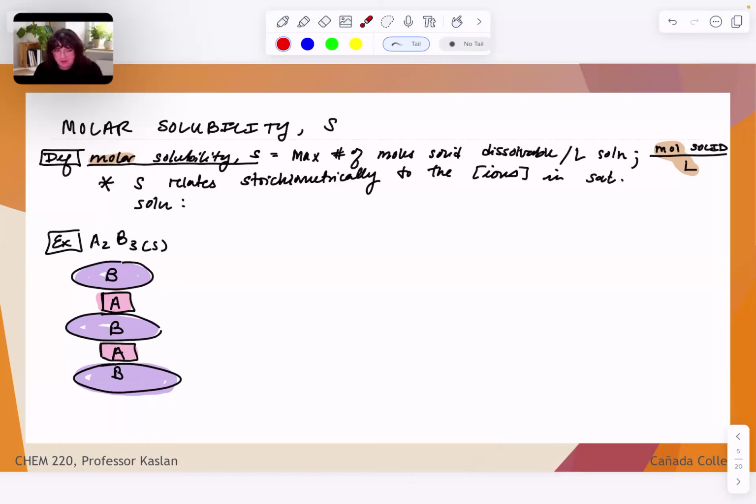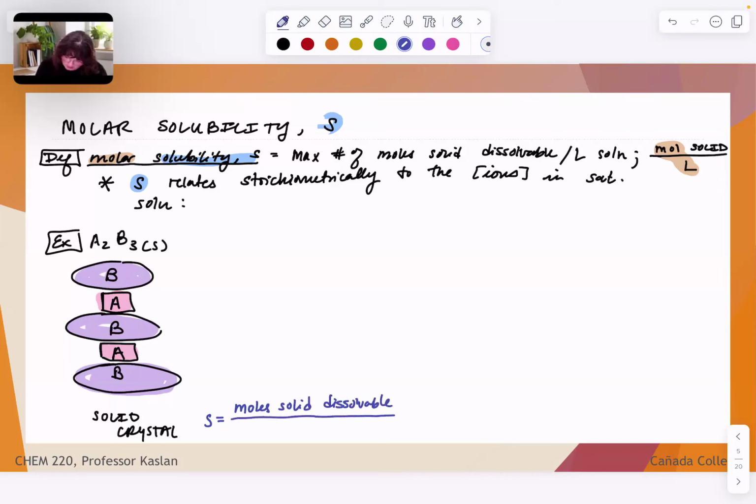So let's look at this example of A2B3. Here I've got my solid crystal of my salt A2B3. And I could use this idea of solubility S to identify moles of the solid dissolvable in 1 liter of solution.